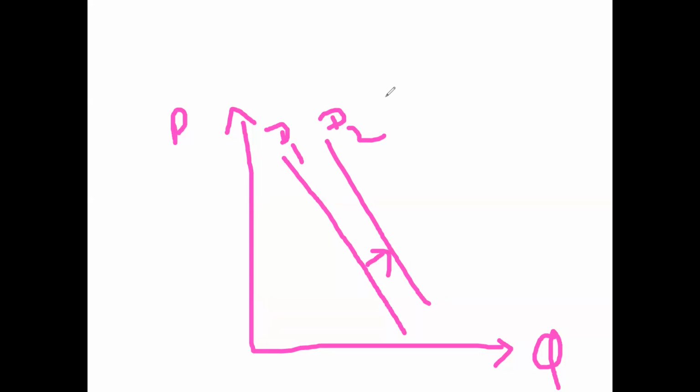If there's huge propaganda, demand increases. Definitely demand will increase. Therefore the demand curve will shift to the right-hand side, a similar impact like this. Then the next one: huge increase in sugar price.